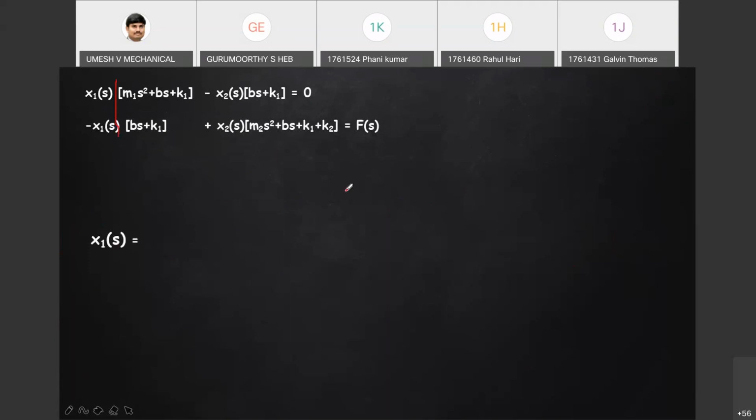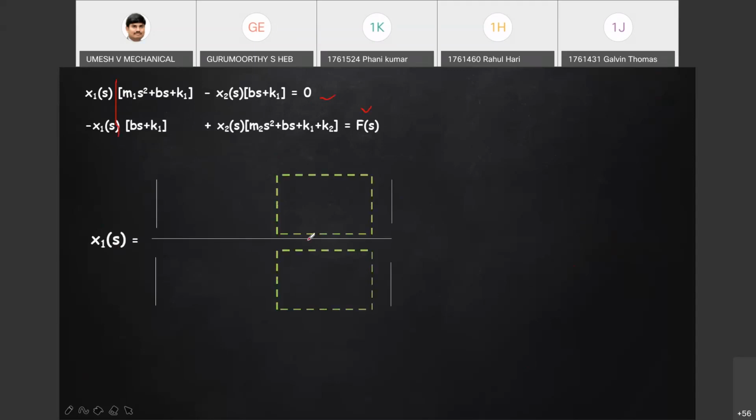So your x1 plus x2 the same as here, in both the cases.